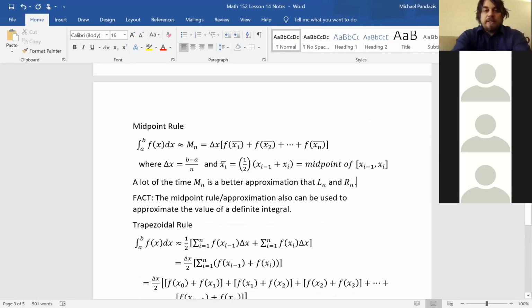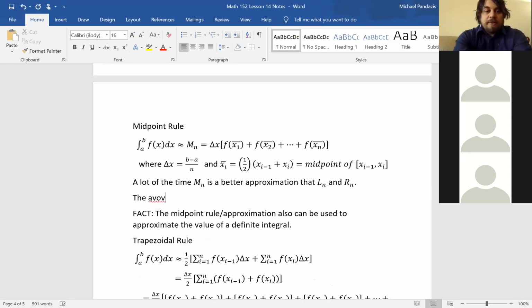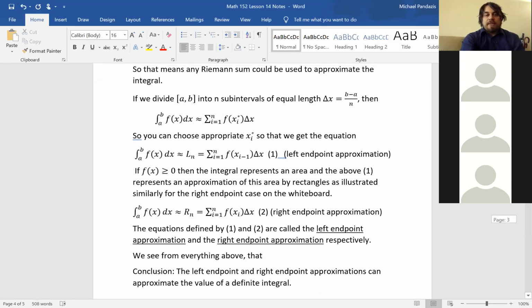And so here, the above is called the midpoint approximation. Okay, so that's the midpoint approximation. All right, so we have the left endpoint approximation, the right endpoint approximation. I'll underline it here again. This is the left endpoint approximation. This is the right endpoint approximation, 1 and 2.